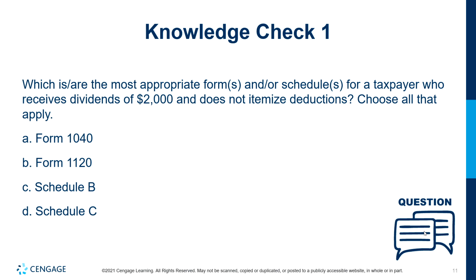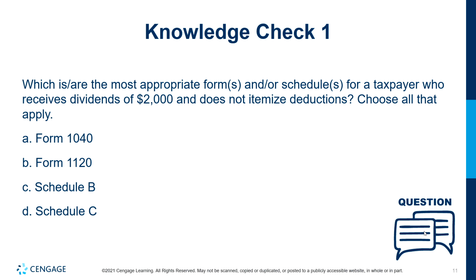Alright, so if you want me to read it to you, you can pause after I read it. It's all the same. So, which is/are the most appropriate forms and/or schedules for a taxpayer who receives dividends of $2,000 and does not itemize deductions?